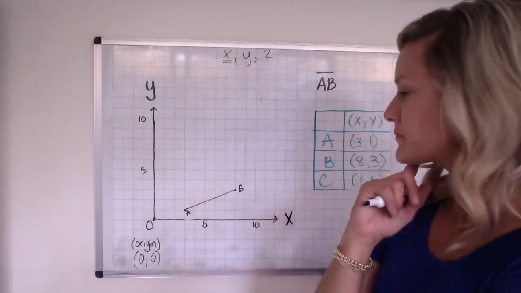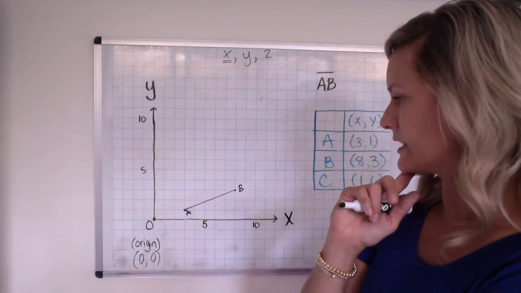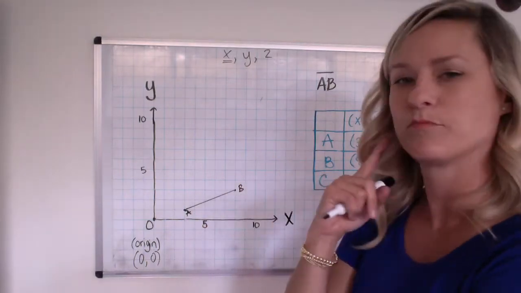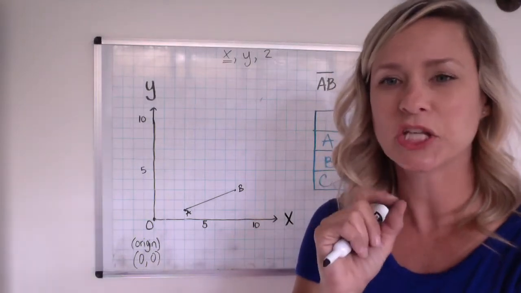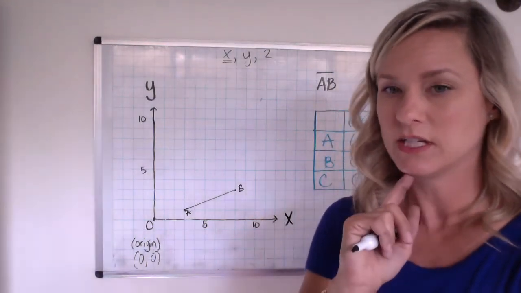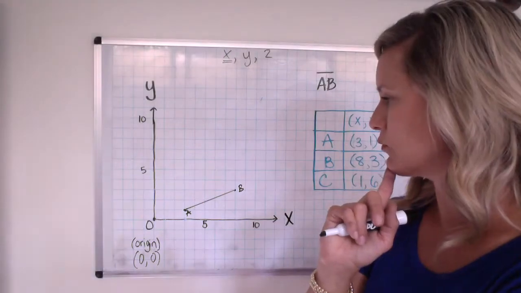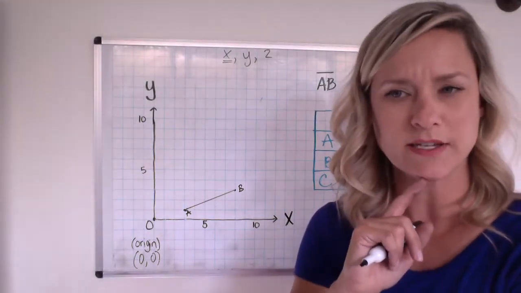All right, so I want you to imagine that this may form a triangle. And line segment AB is actually the longest side in the triangle. Can you imagine where the rest of the triangle might be?